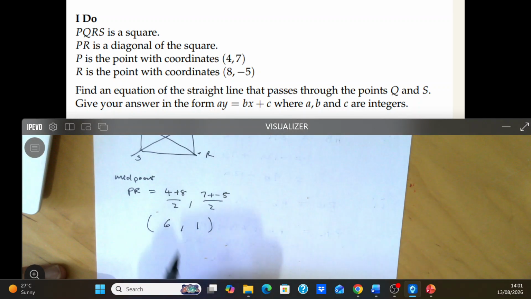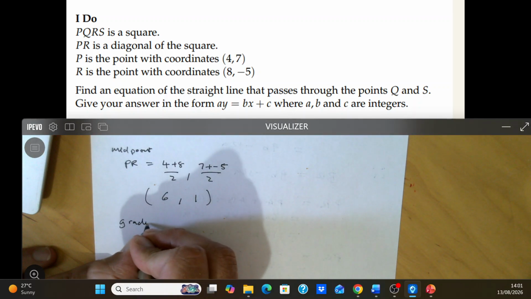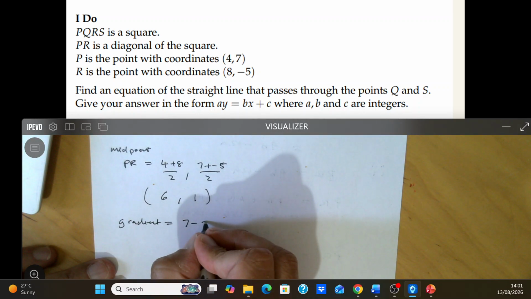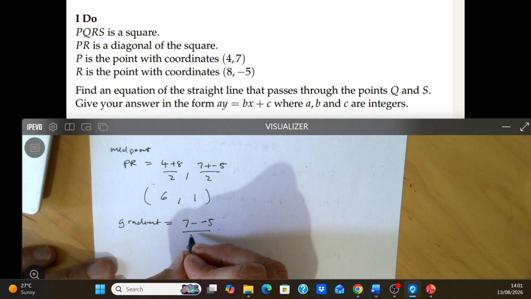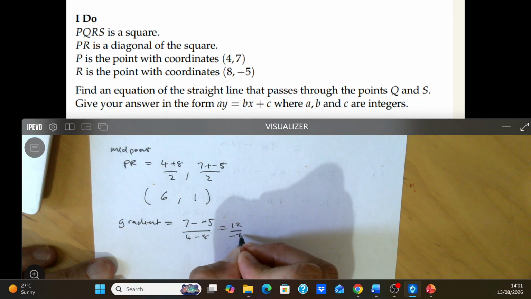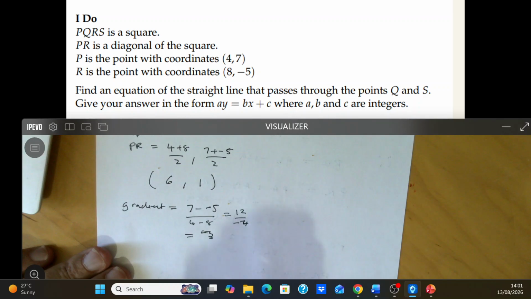Now, what is the gradient of the line PR? So the gradient equals 7 minus negative 5 over 4 minus 8, which gives you 12 over minus 4, which gives you minus a third.